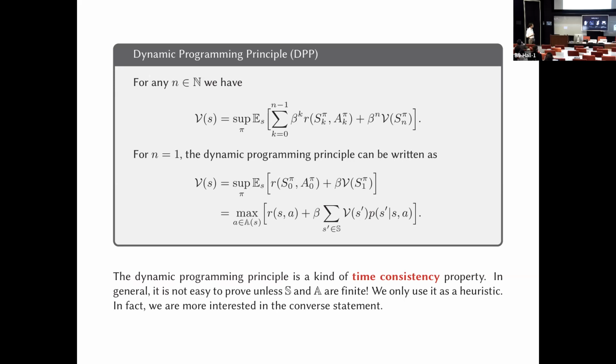If you're in a very general setting, if your state space doesn't carry much structure, these proofs are extremely hard. Same for continuous time, very, very hard proofs. But we don't care about it because I will only use it as a heuristic, as an idea to get towards an optimal policy. Just by looking at it, it is somehow clear what to do. Suppose I know the value function, then my optimal action in state S is just the maximizer of this.